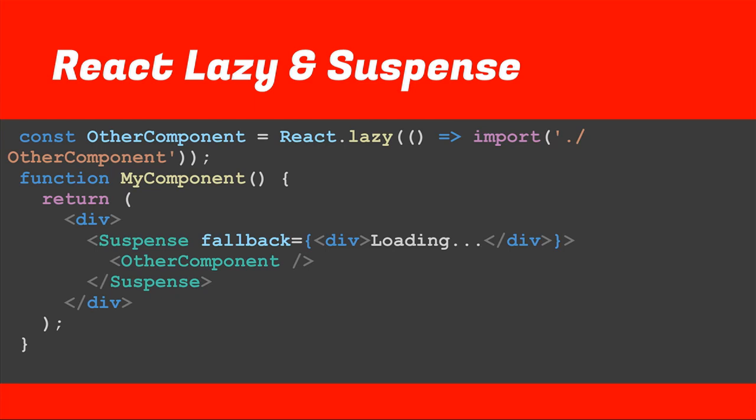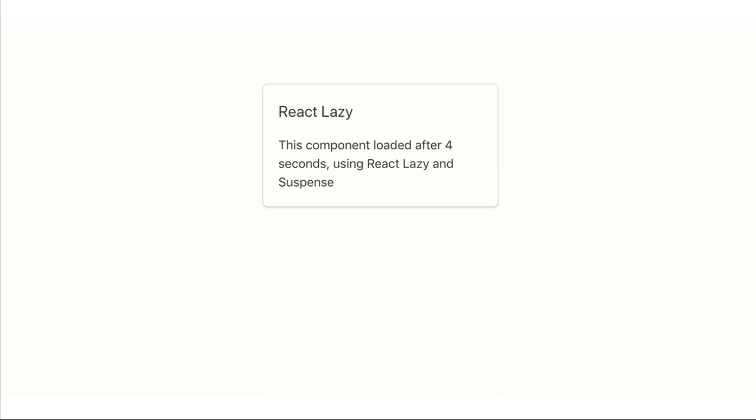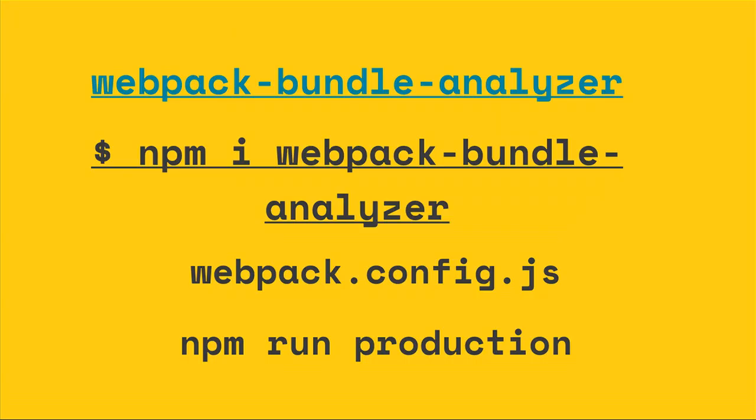This fallback prop accepts another component, like a loader or a spinner. Here's an example. The loader is passed into the Suspense component as a fallback prop, and then you get that component lazy loaded.